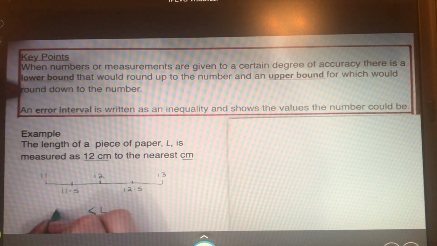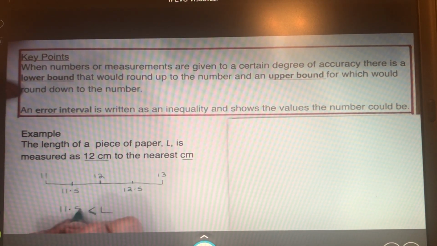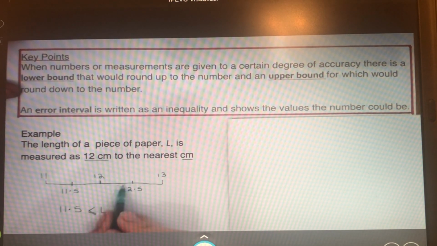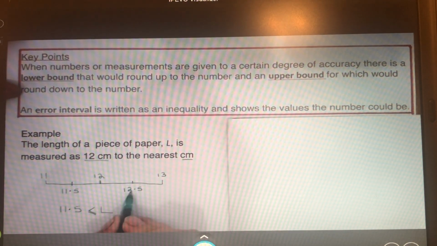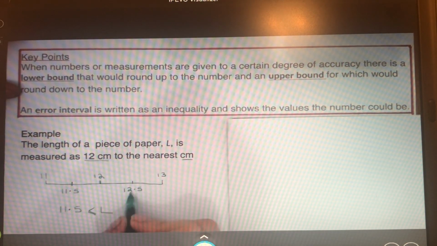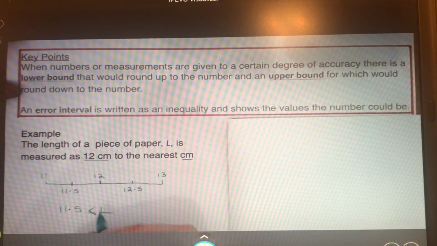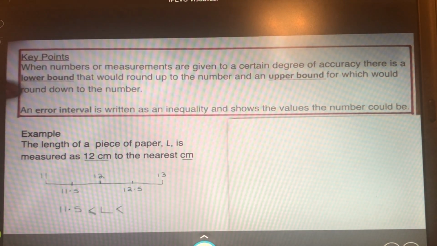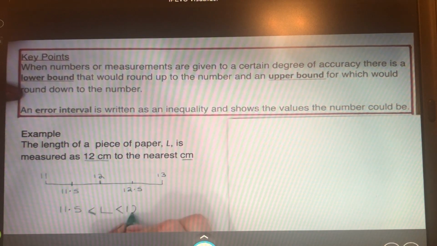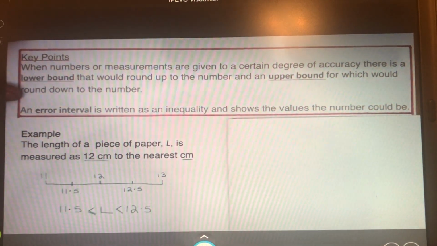So this means that the 11.5 would be included, and everything up to but not including the 12.5 is included, because 12.5 would round up to the 13. So with our inequality sign, it's not included, so it looks like that. So that is our error interval.